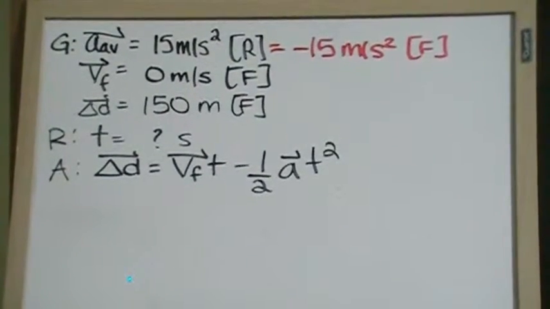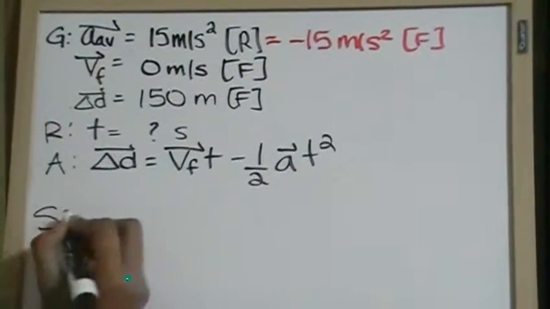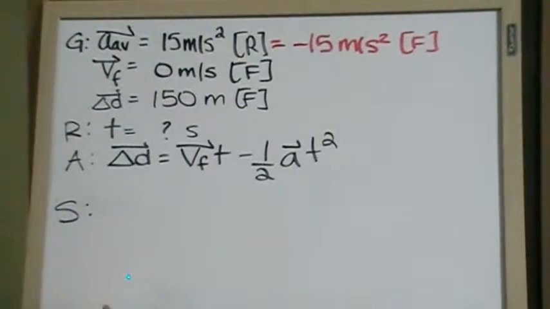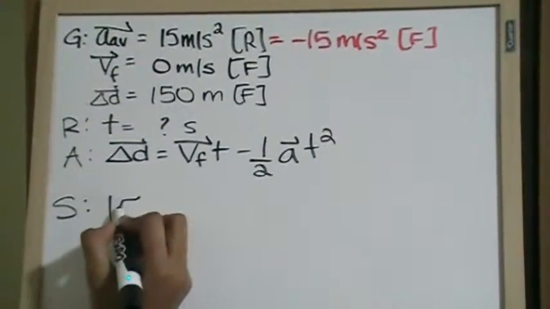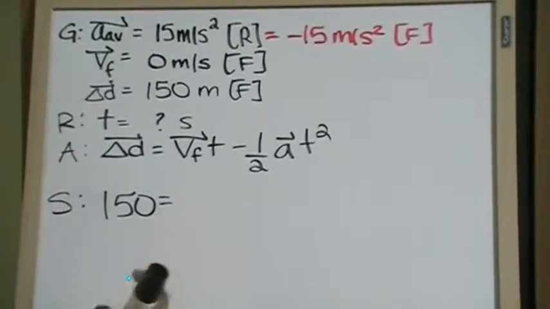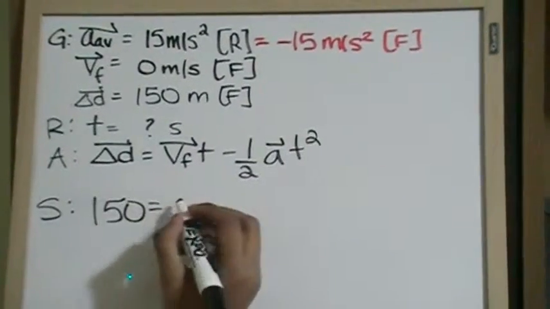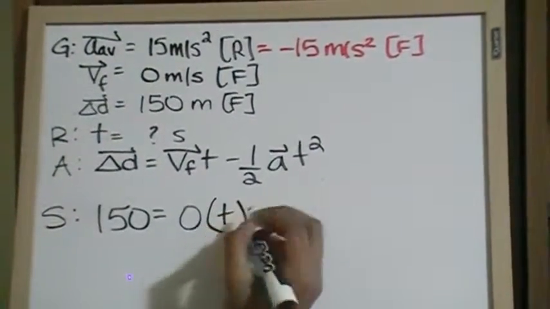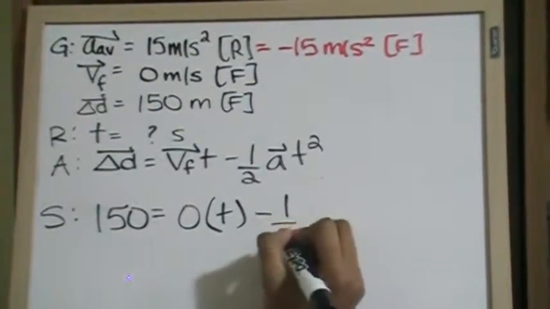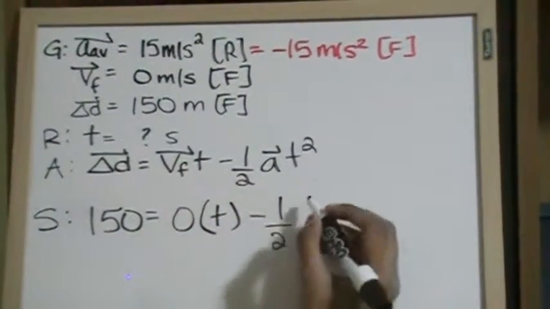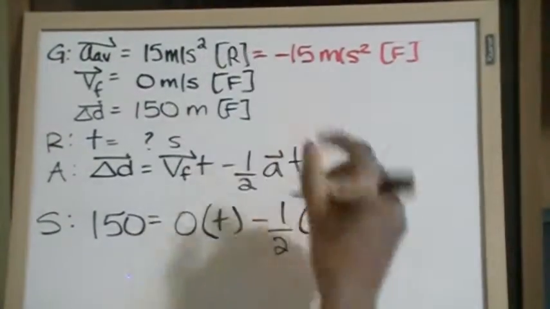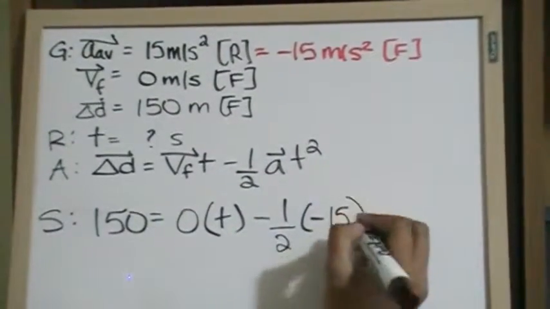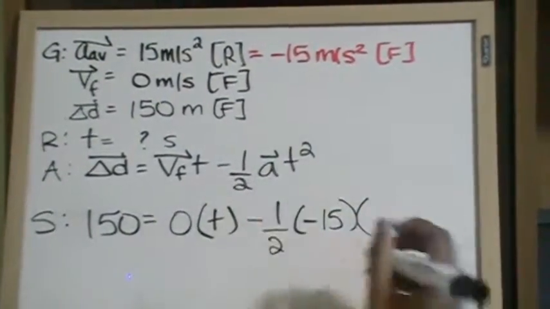Okay, so the next step is to plug in what we know into the equation that we've been given. So we know our displacement is 150 meters, and that is equal to our final velocity, which is 0, times our time, which is what we're looking for, minus half, and our acceleration value is negative 15 as we discussed, and we have time squared.